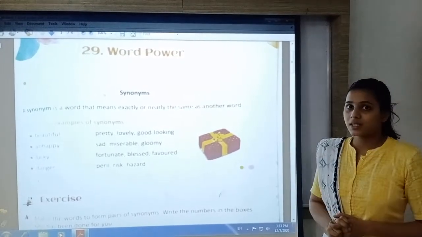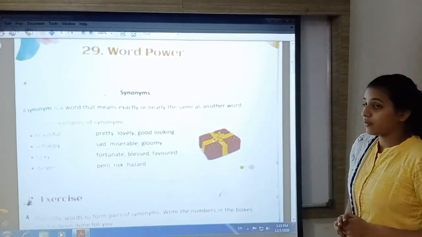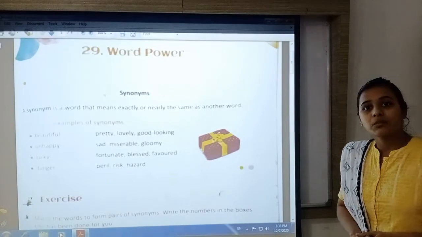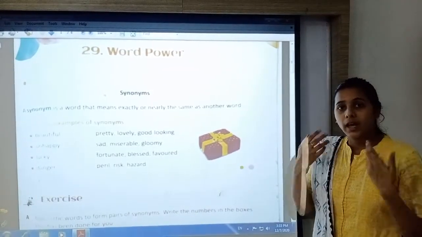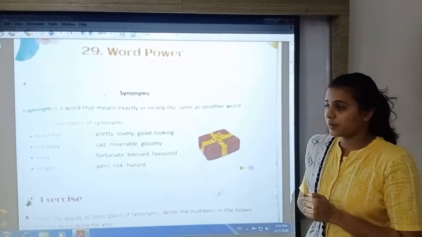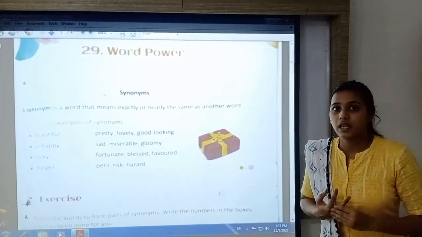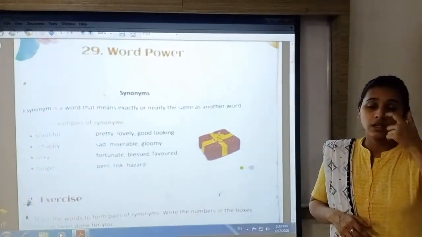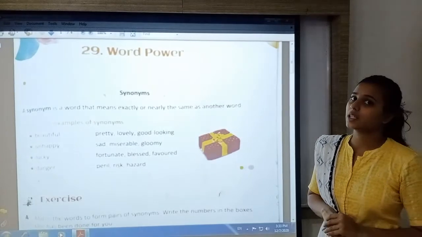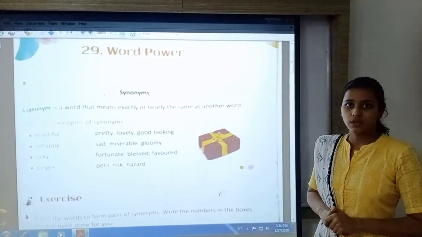Lucky, that is fortunate, blessed and favored. That means something which is happening good with you and by nature. So if something is happening good by nature with someone, that person is known as lucky or fortunate or blessed or favored.